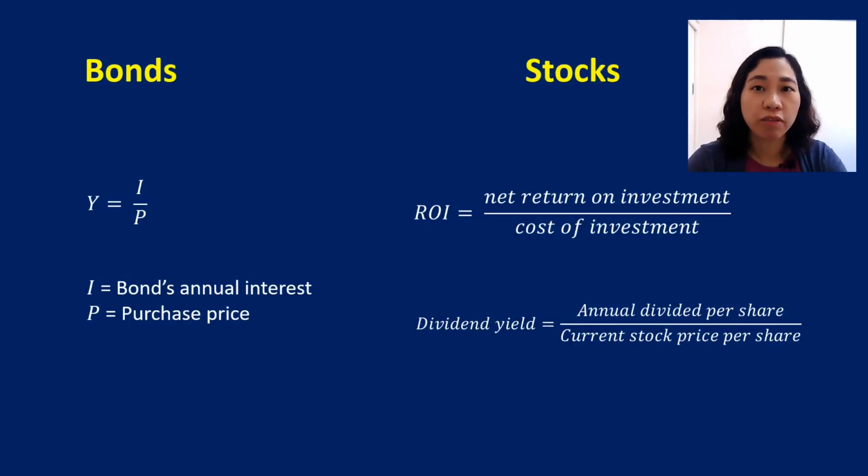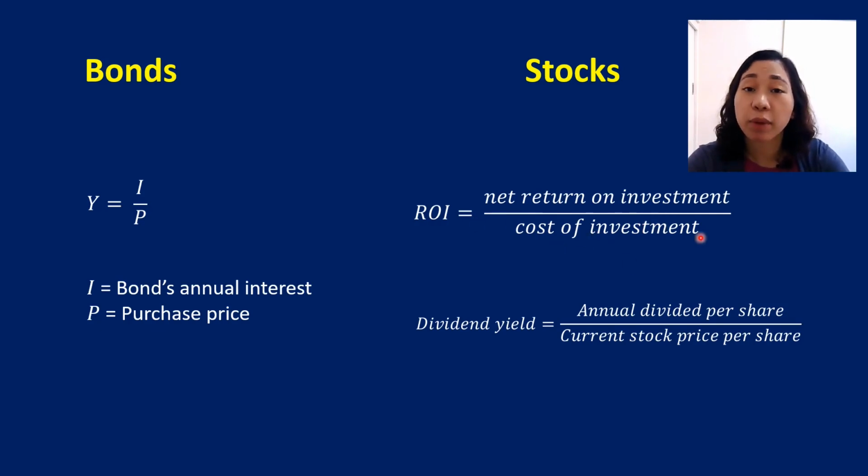Okay, so here are the formulas that we need to recall. For bonds, the yield is given by I over P, where I is the bond's annual interest and P is the purchase price, how much is the price that you bought for your bond. And then for stocks, the return on investment is your net return on investment over cost of investment.